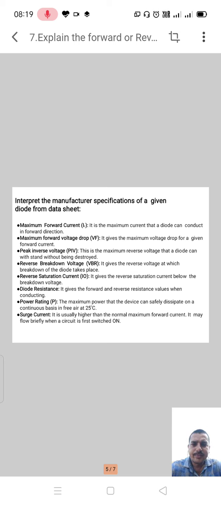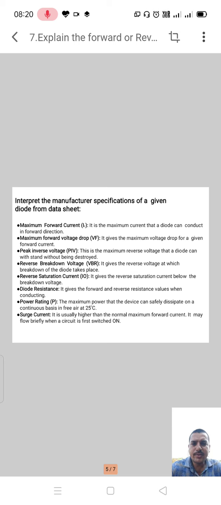It gives the maximum voltage drop for a given forward current. Third one, peak inverse voltage, PIV.